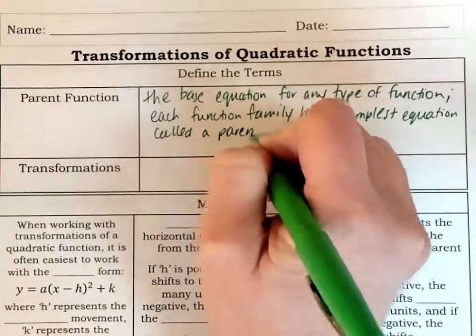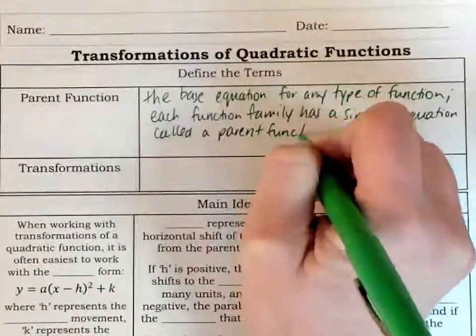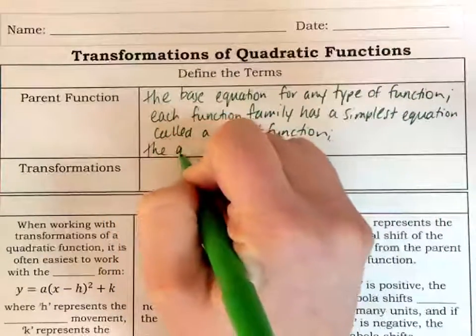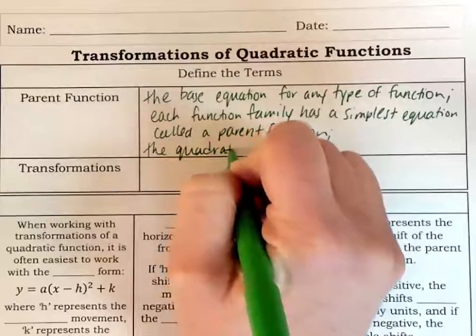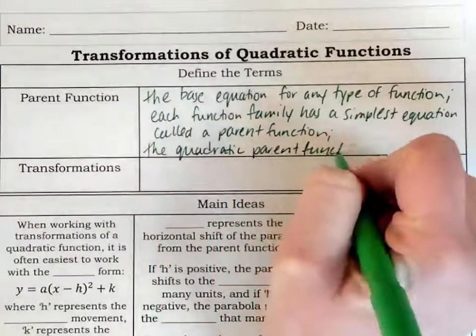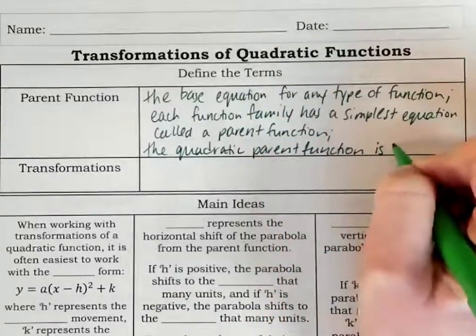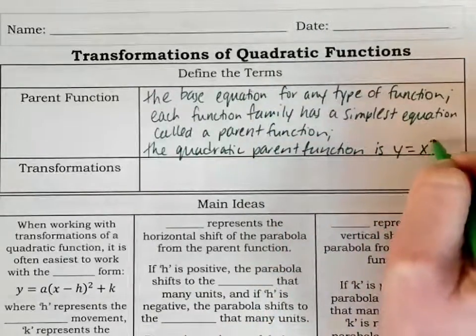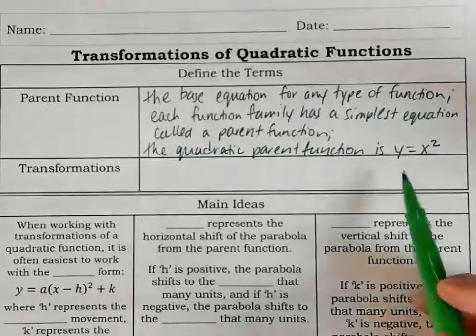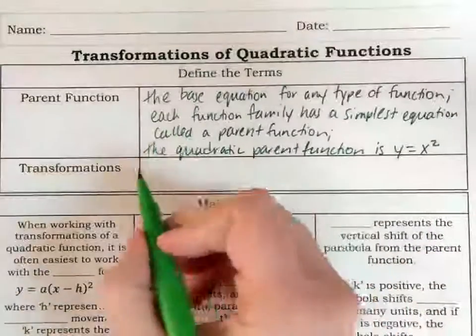And so for a quadratic, the quadratic parent function is y equal to x squared. Okay, that's our base equation that we're going to build off of for any other quadratic function. It starts out as y equals x squared.